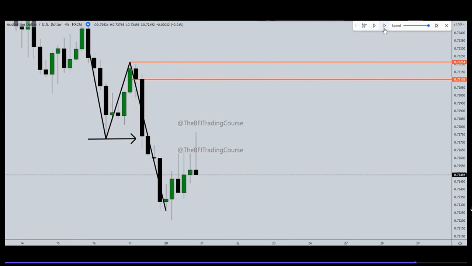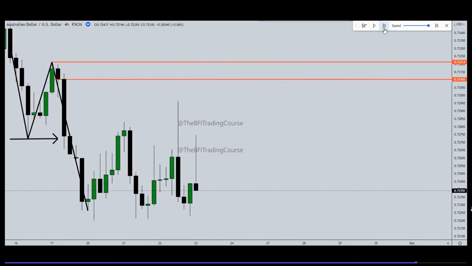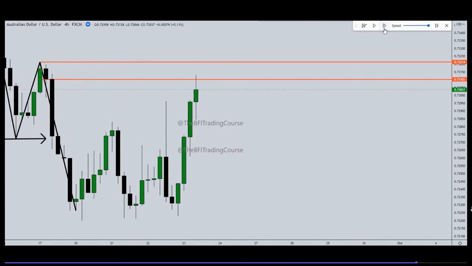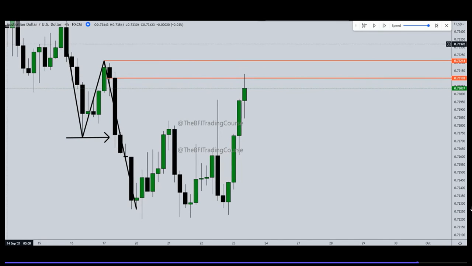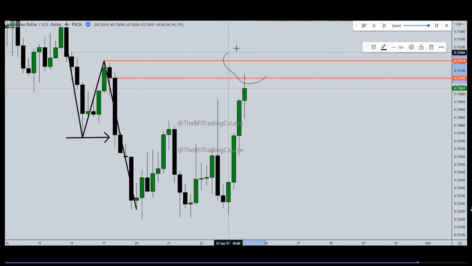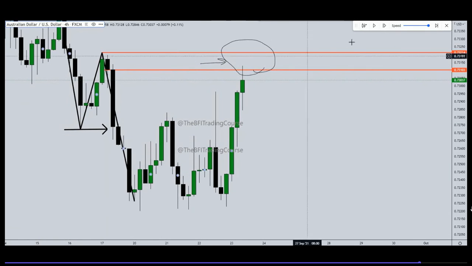So what can you do if price were to come back to this valid zone? Maybe you would be looking for your entry on your micro, because this is a macro 4-hour zone, maybe a 15-minute entry. But we're not here for the entry. We want to use this volume for the target.